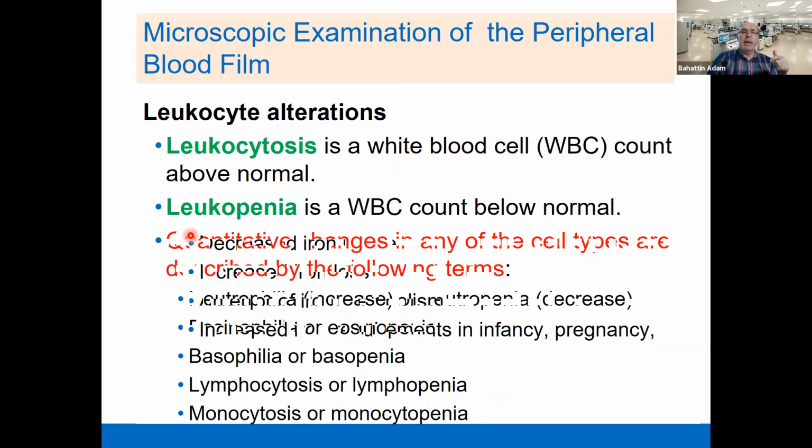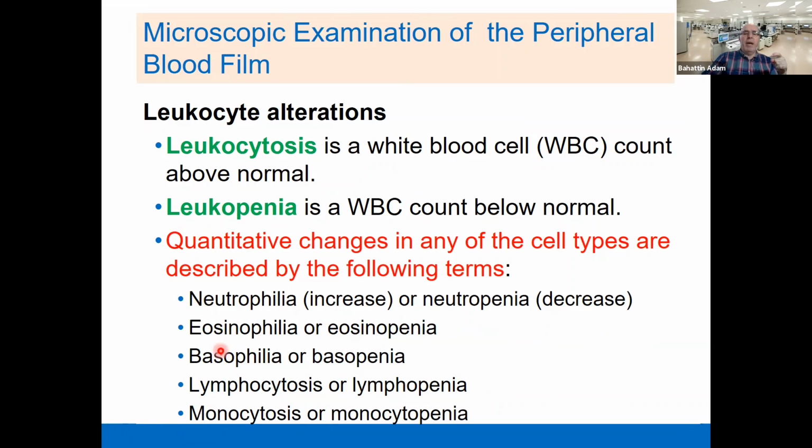And there are also subtypes, such as neutrophilia, eosinophilia, basophilia or basopenia, and lymphocytosis or lymphopenia. If the number is too high, it is lymphocytosis; if it is below the normal, it is lymphopenia.